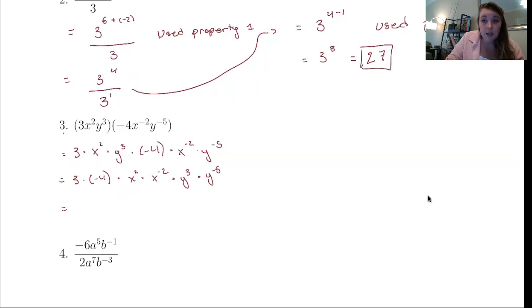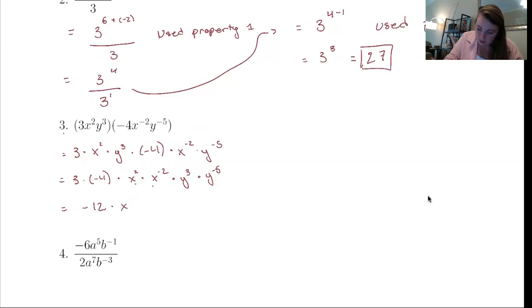So 3 times -4, that's going to give us -12. And then I'm going to use property 1 again. I have the same base, they're both x.